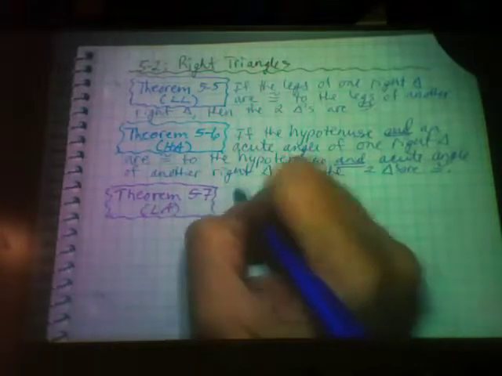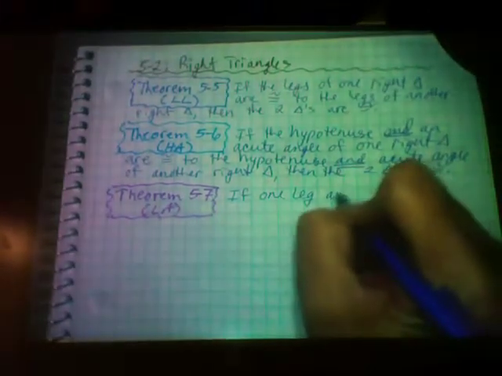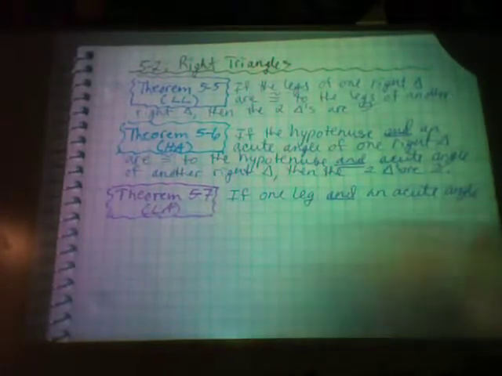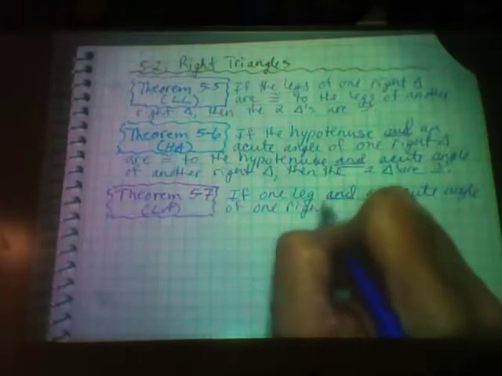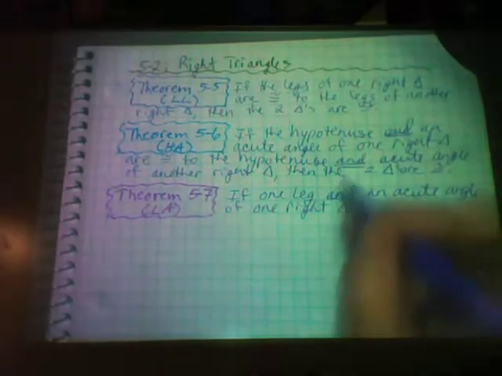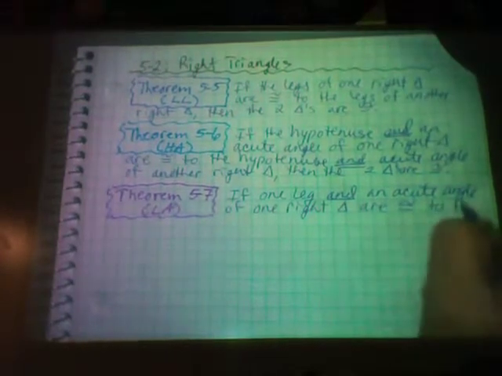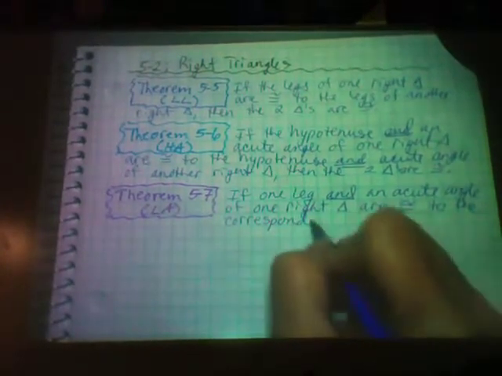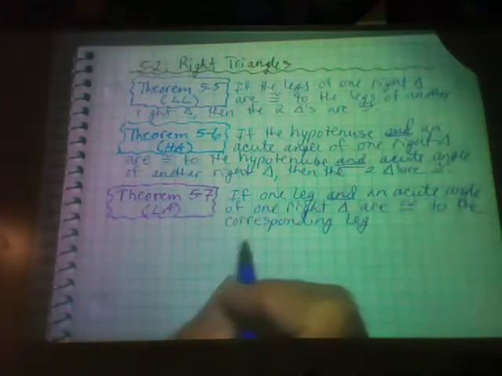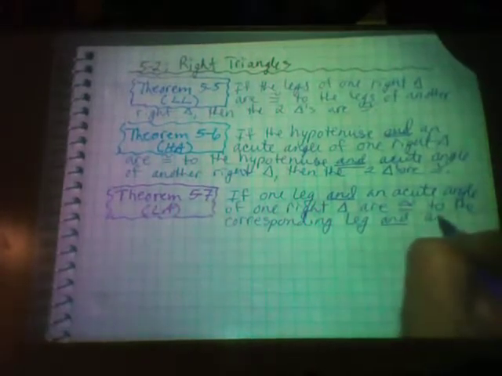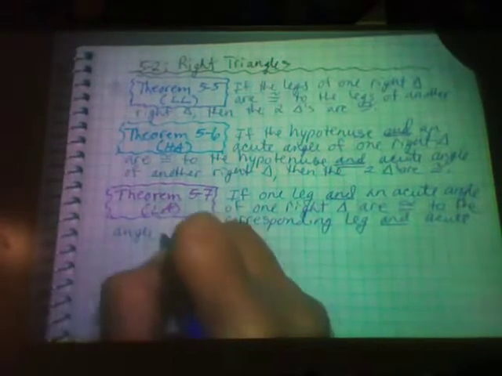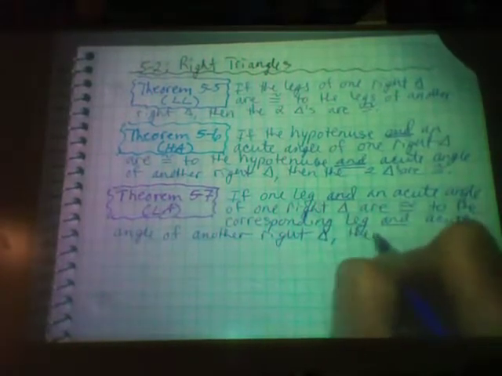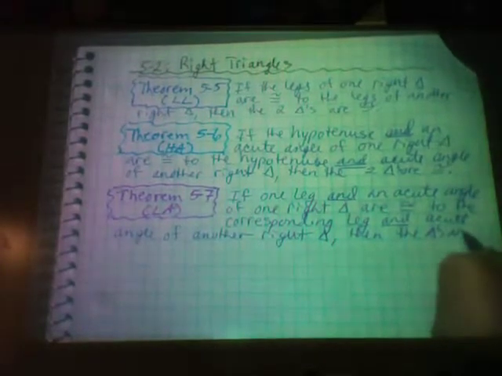So this one says if one leg and an acute angle of one right triangle are congruent to the corresponding leg and acute angle of another right triangle, then the triangles are congruent.